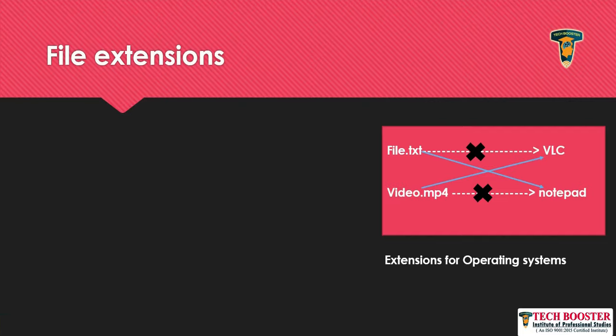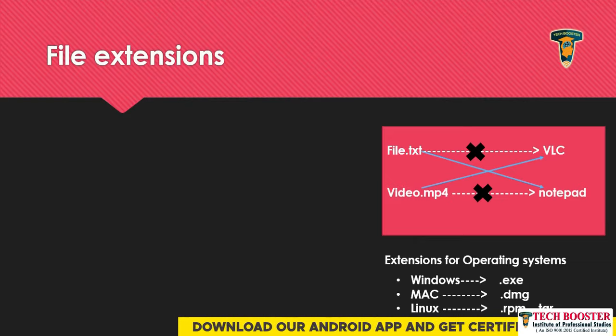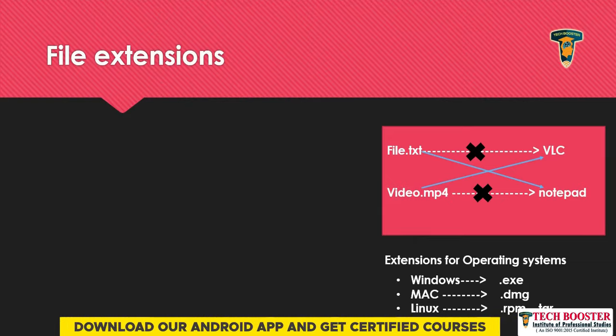Here, Windows supports .exe files, Mac supports .dmg files, and Linux supports either .rpm files or .tar files. In the similar way, as I showed you in our previous slide, particular standalone applications can be used for particular operating systems only, depending on the extension.